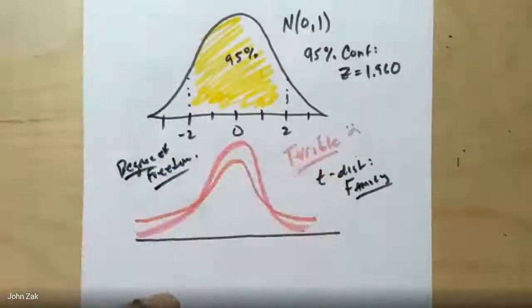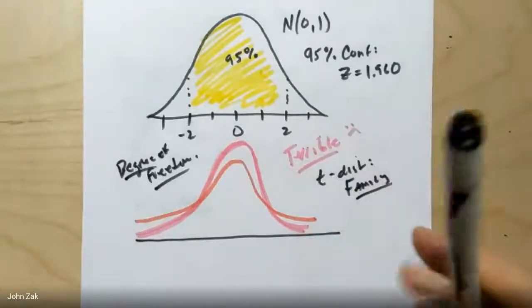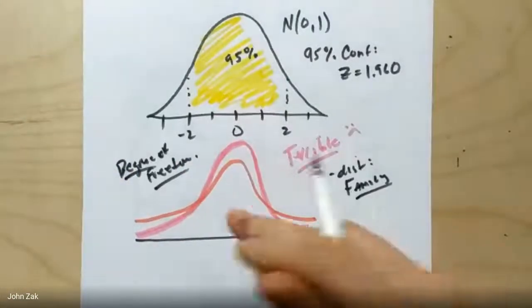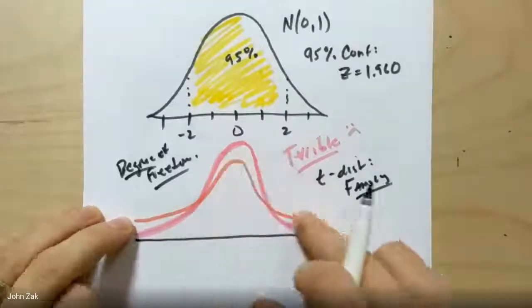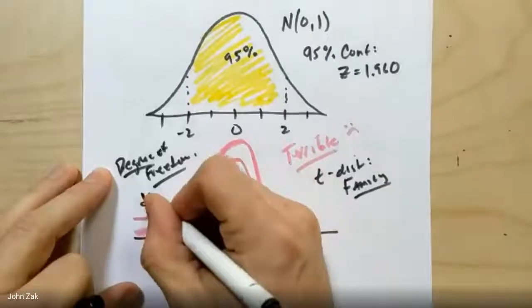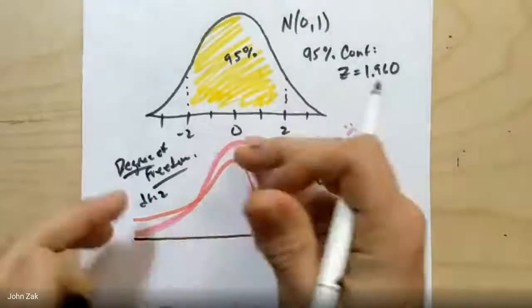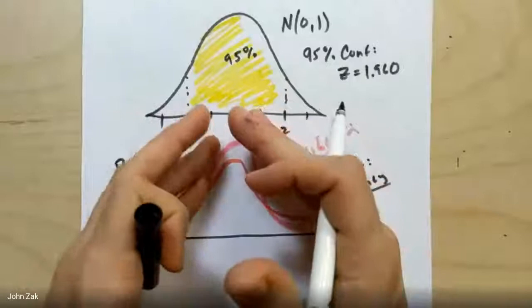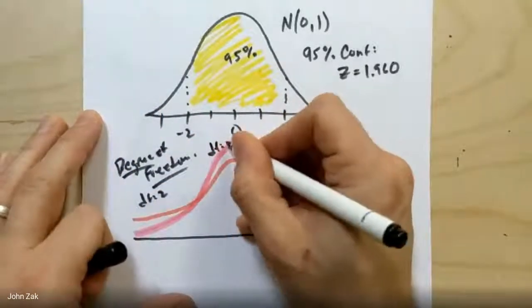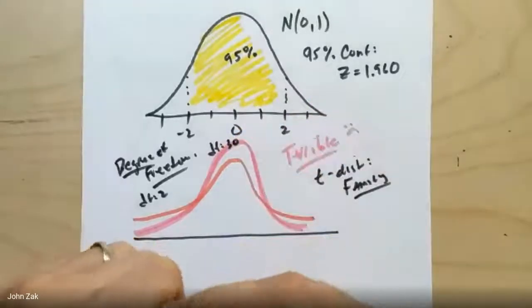Right? Very dramatic, right? And so the degree of freedom changes. This really fat-tailed one is going to have a small degree of freedom, something like 2, and then one that's taller and skinnier and looks more like the normal distribution will have a higher degree of freedom, like 30 or 60 or 100.